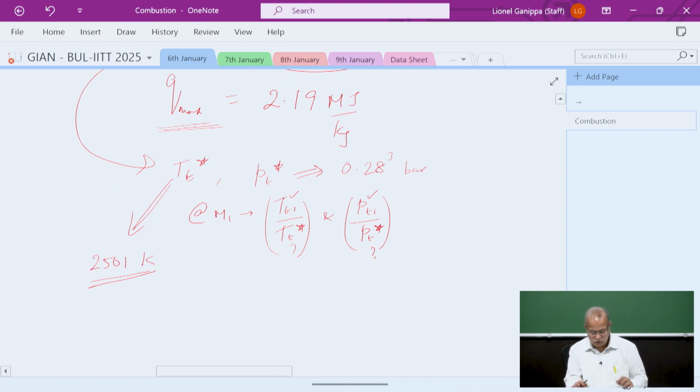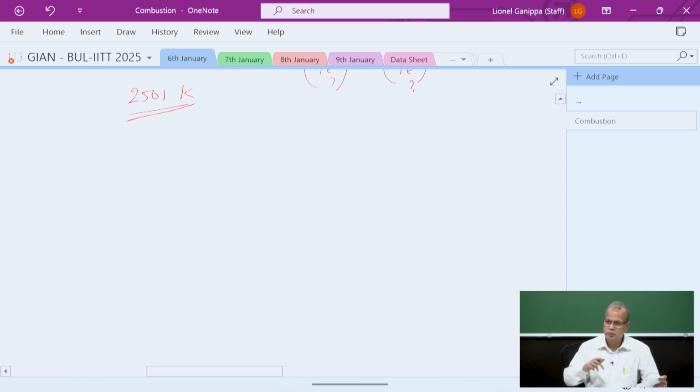Okay, so you now understood the concept, how to use the Rayleigh table to calculate the combustion parameters. Now we'll finish this lecture with the last problem, supersonic combustion. So this will be the lower branch of the Rayleigh line.